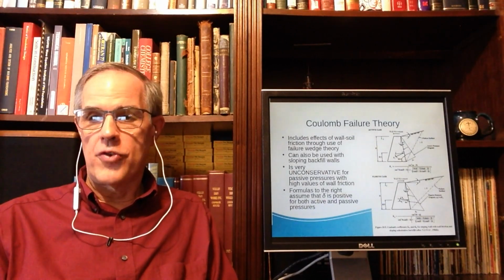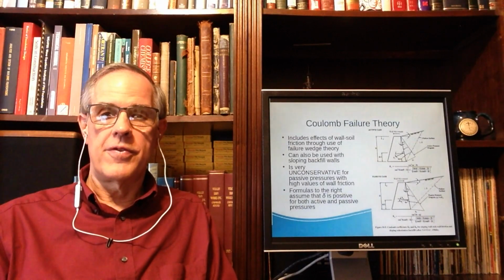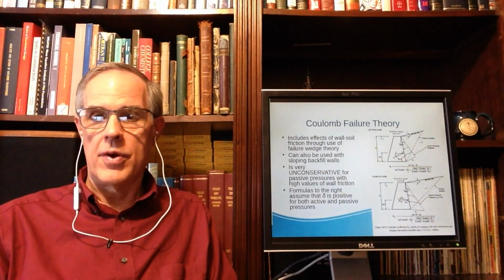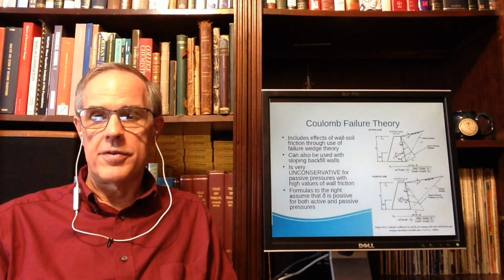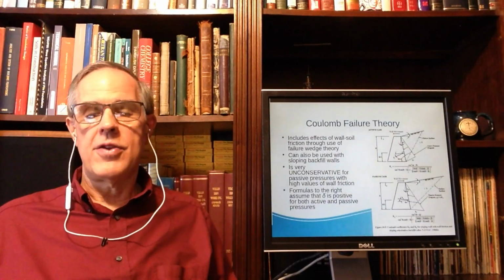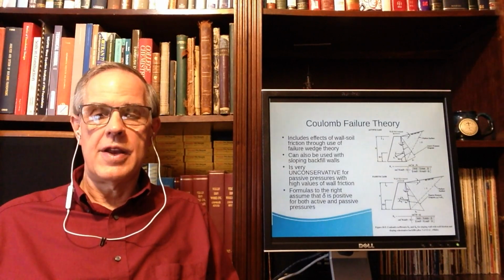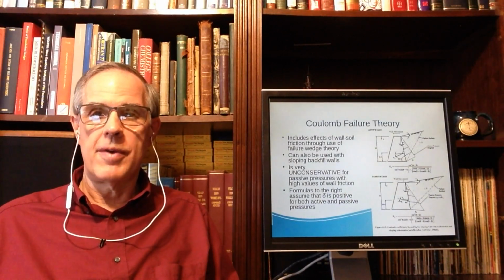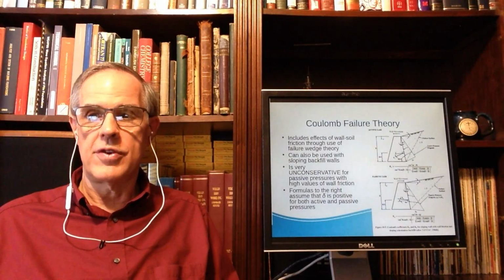The formulas you see here, which come from the Soils and Foundations manual, assume that delta is positive for both active and passive pressures. Verruijt uses a different notation, and if you do use his equation, you need to make sure you understand his notation completely.